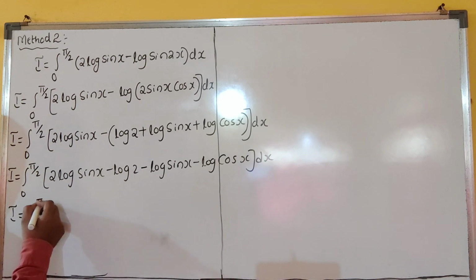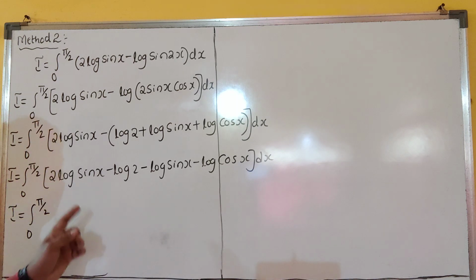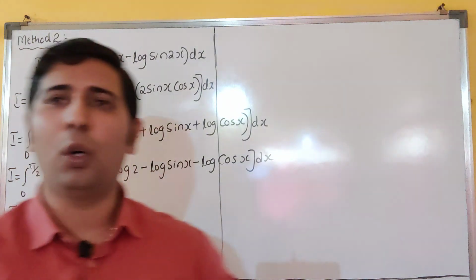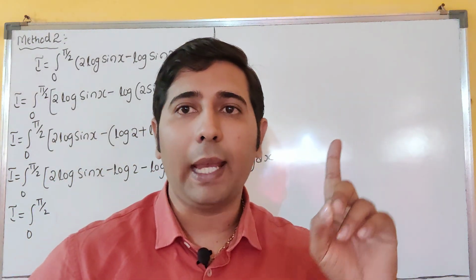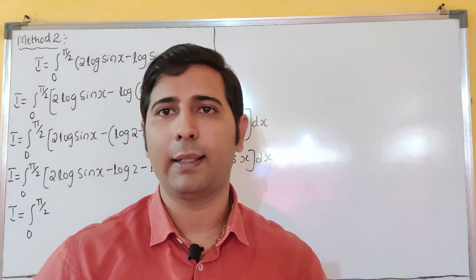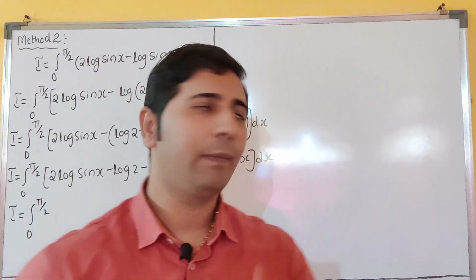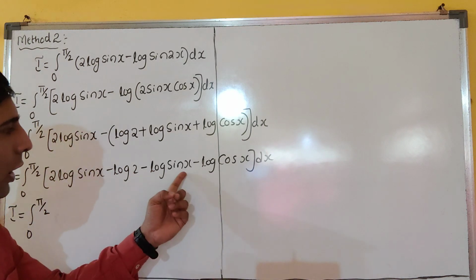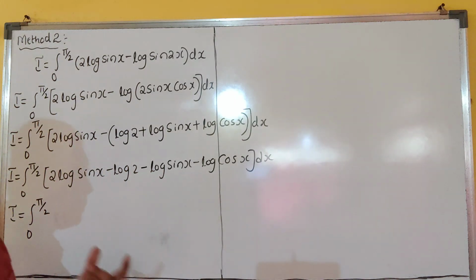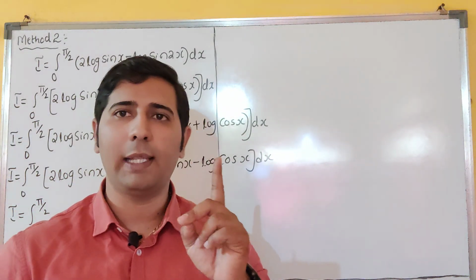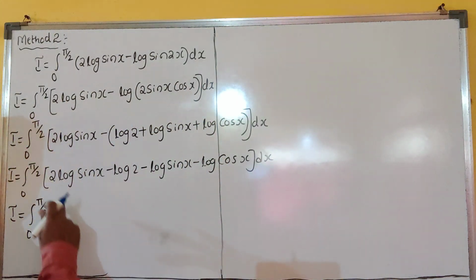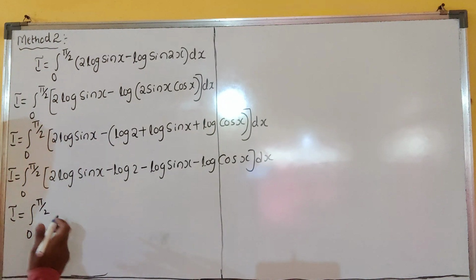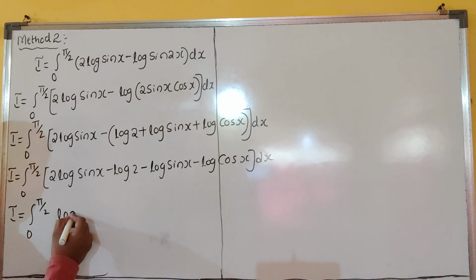Integral 0 to pi by 2. Now try to understand, dear students. 2 log sin x minus log sin x. In 2 log sin x, if one log sin x goes, how much is left? Only one log sin x will remain.